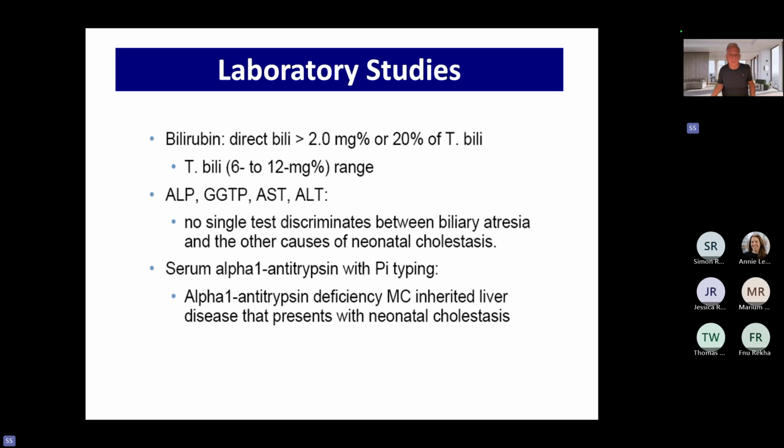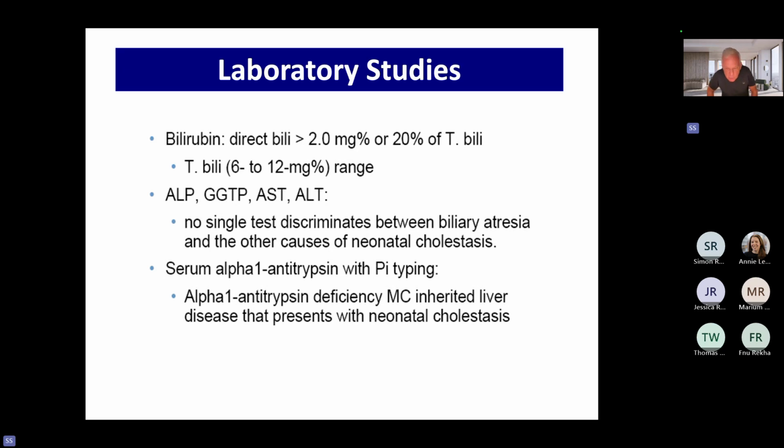Direct bilirubin is greater than 1 milligram per deciliter, or 20% of the total bilirubin level. As I mentioned, the total bilirubin is typically not very elevated, 6 to 12. Most of the patients that I've seen have been in the 8 to 9 range.